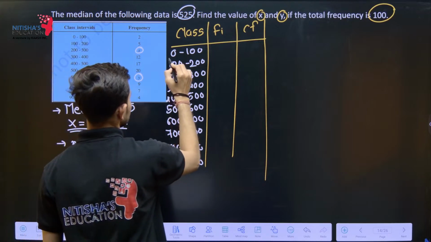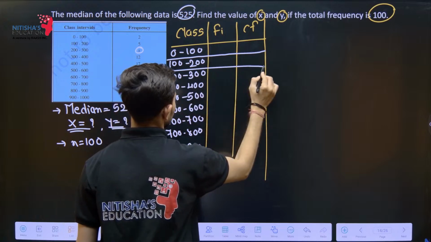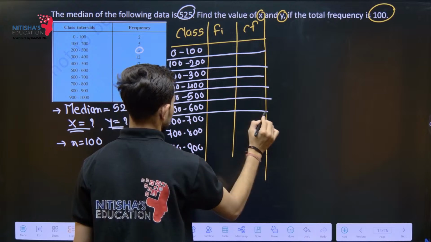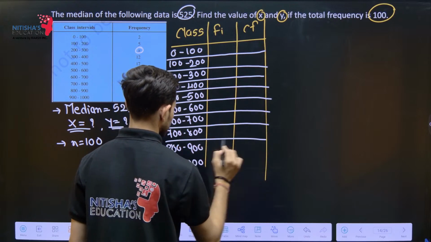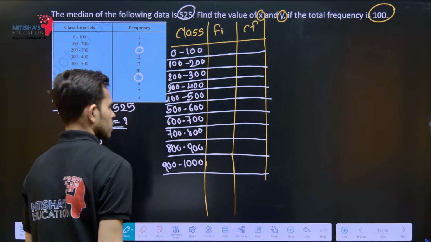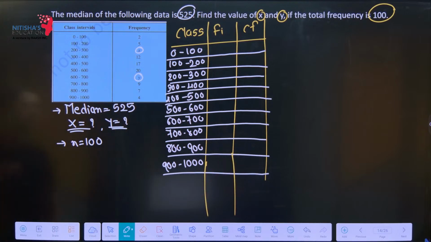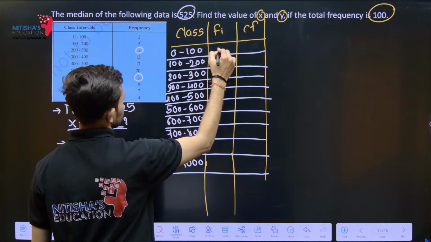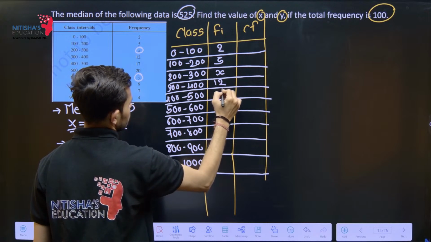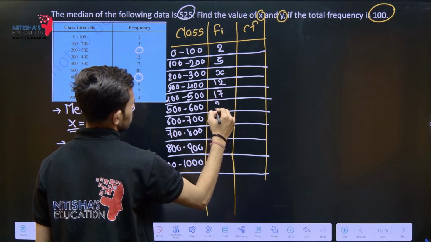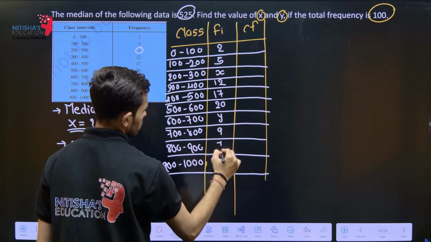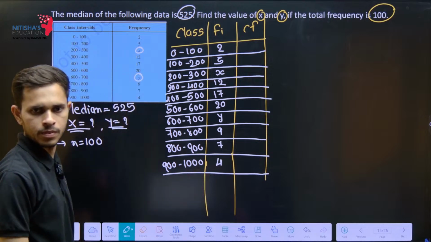So these are the classes that we have. Okay. Now, what are the frequencies? The frequencies are 2, 5, x, 12, 17, 20, y, 9, 7, 4.